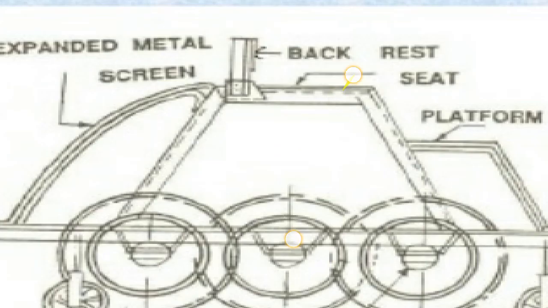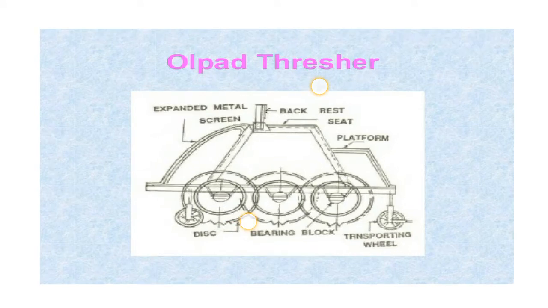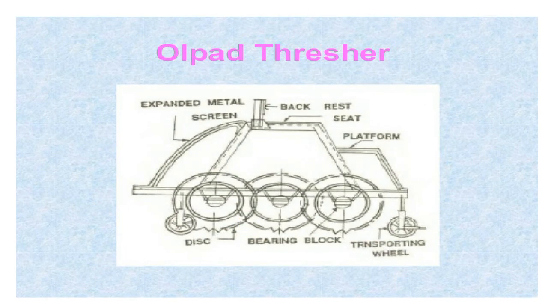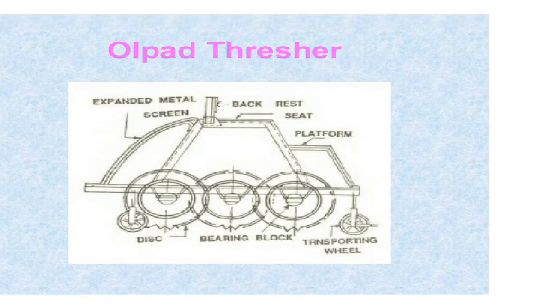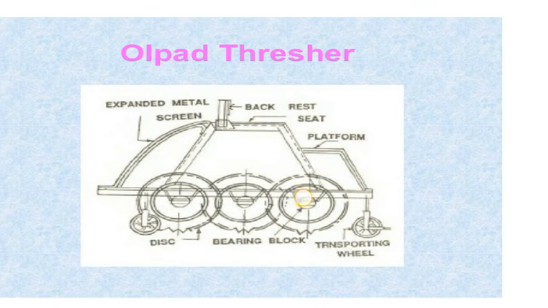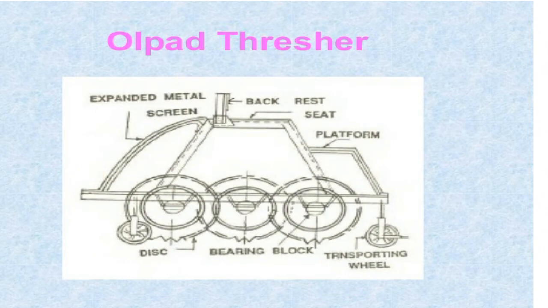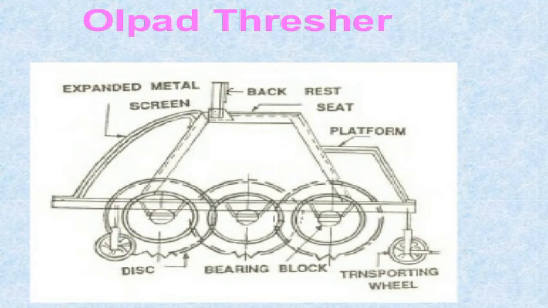This is the diagram of the Olpad thresher. You can see the different components of the Olpad thresher: notched blocks, the metal screen, then seat, platform, and disc.